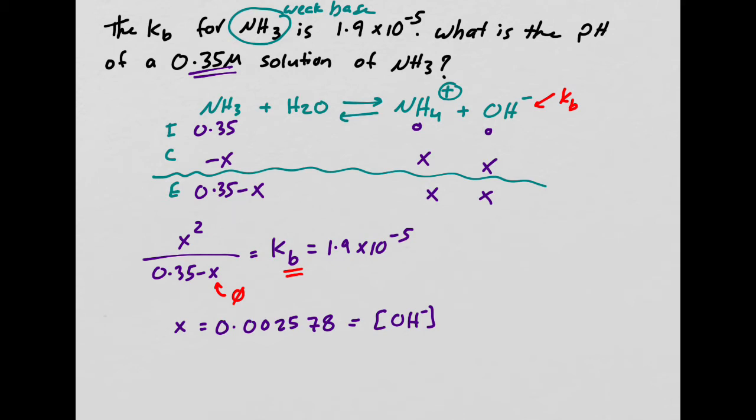So what could I figure out when I have the hydroxide concentration? I can figure out the pOH, right? Because pOH is going to be minus log of the OH concentration. In this case, it would be minus log of that number.